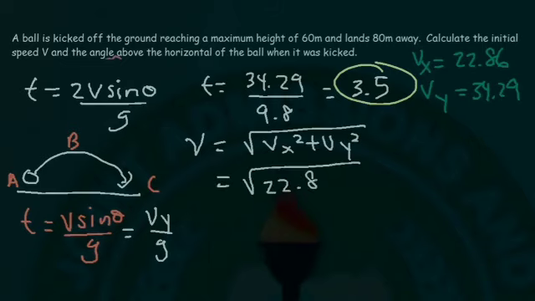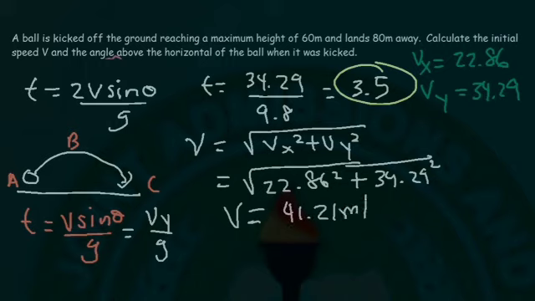So that's the square root of 22.86 squared plus 34.29 squared. So if you type that in, you should get 41.21 meters per second. So that's the initial speed v.